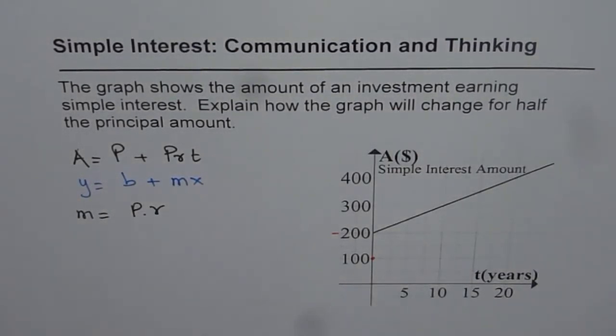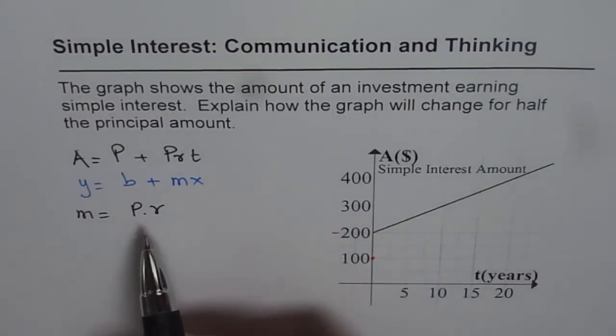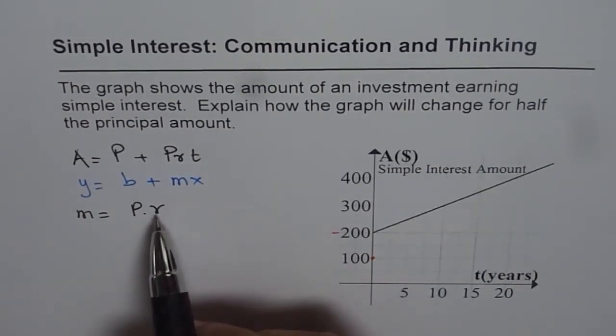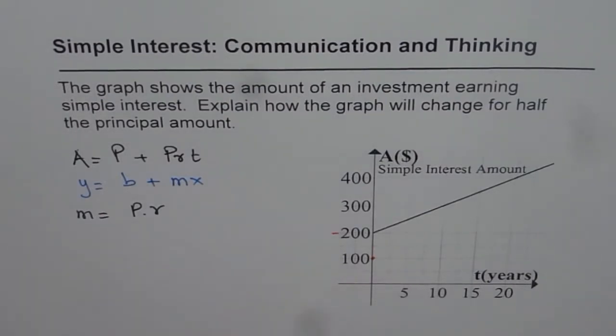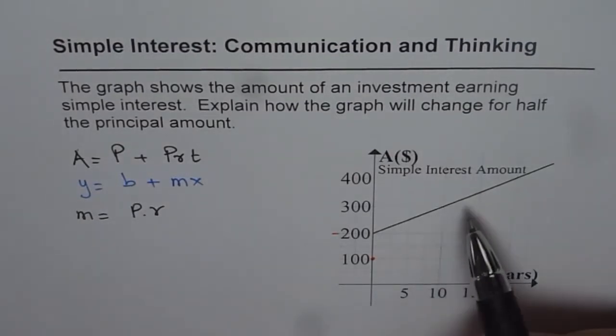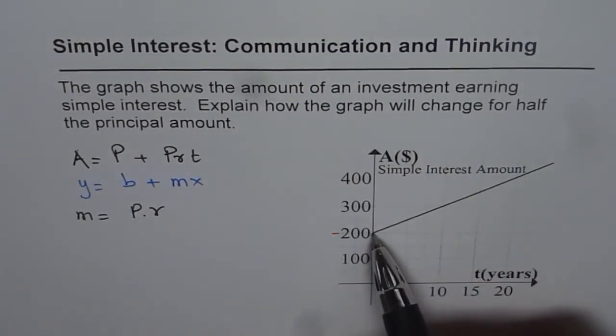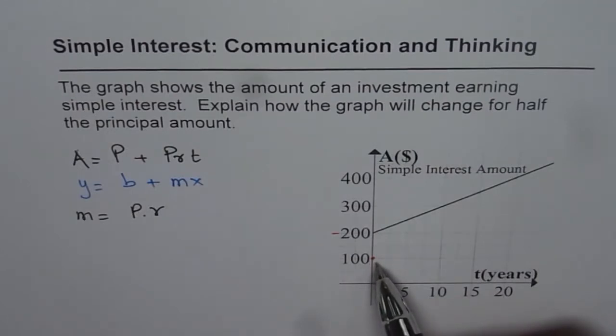So therefore, if the principal becomes half and the rate remains the same, then the slope becomes half. Do you see that? So the slope of the line has to be half of what it was originally, since the principal has been reduced to half the amount. So the lines will not be parallel. That is very important for us to understand.